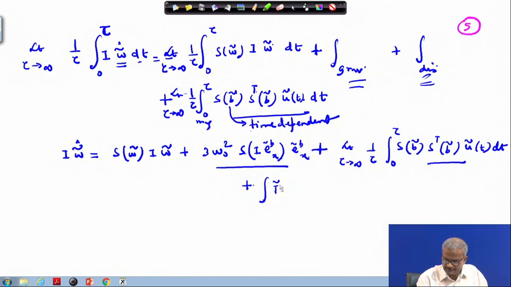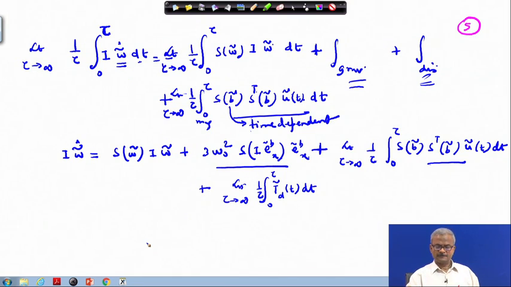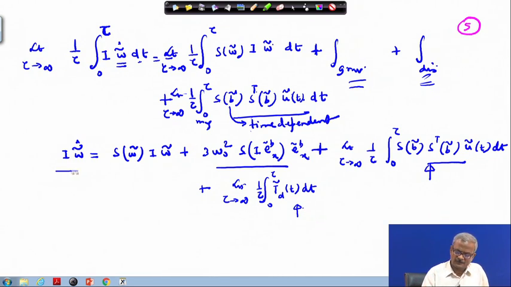So, the disturbance term t tilde t, limit tau tends to infinity. So, this is your equation. We have to cope up with this term. This is free from any integration, so this part is very clear.